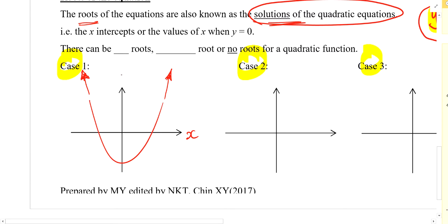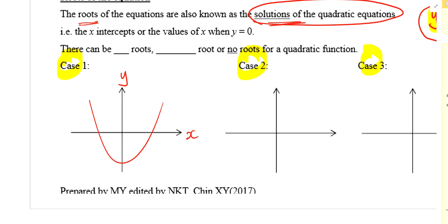So this is our x, this is our y. Since we are talking about the roots, we are talking about the intersection between our graph and our x-axis. How many points of intersection do you see? 2 points of intersection, over here and over here. These 2 points are our solutions.